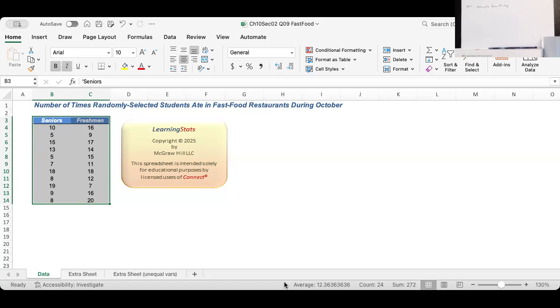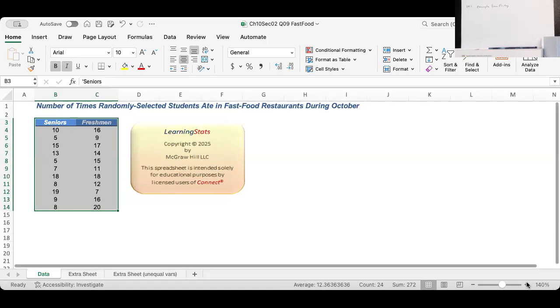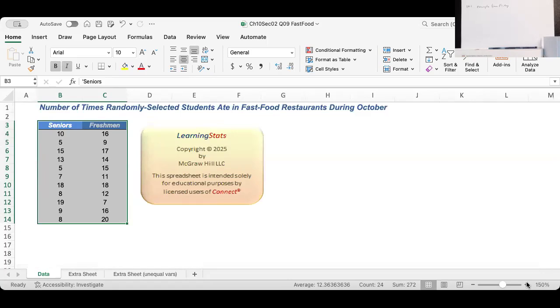So these numbers represent the number of times the student went out to eat at a fast food restaurant during October. If I assume variance among students is the same, is his hypothesis true? Do college seniors eat less often at fast food restaurants than college freshmen? Based on this information, I've got to go through the whole thing here.